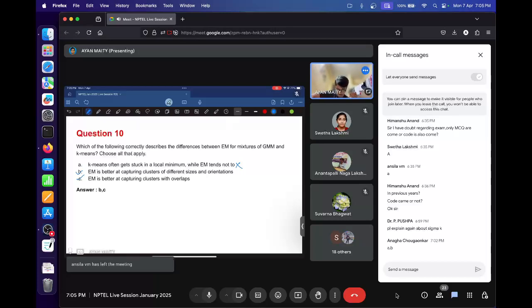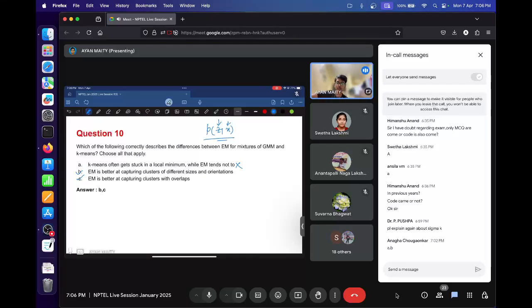The third option says that EM is better at capturing clusters with overlaps, which is correct, because we saw that for the EM for Gaussian mixture model, the main feature is that the clusters can overlap and each data point can belong to multiple clusters. That's why we have this probability of z given x for a given data point, the probability of belonging to cluster z.